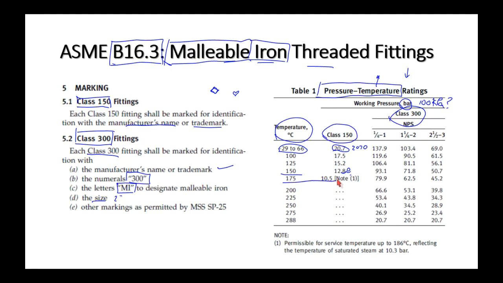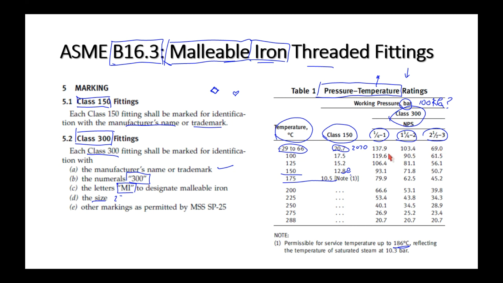Then you get to 175 and it's only good for 1050 kPa. And then there's a warning that says, wait a minute, buddy, don't go above 186 on that. Okay. But for a class 300 fitting, here are the various sizes.